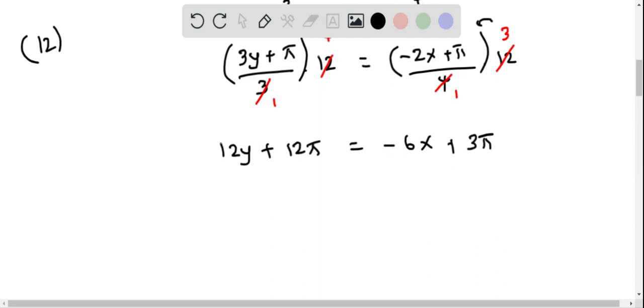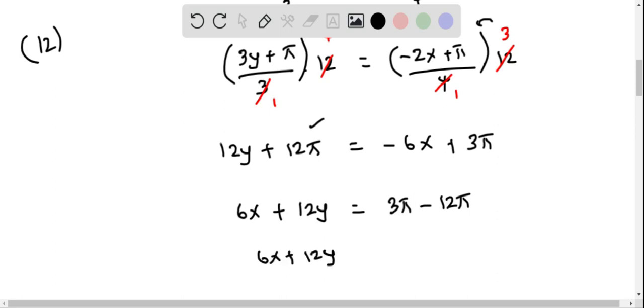So I'm going to have only x and y on one of the sides. Therefore, I can put this as 6x. If I add 6x, I get 6x plus 12y, and I subtract 12 pi. So I get 3 pi minus 12 pi, and this equals 6x plus 12y.